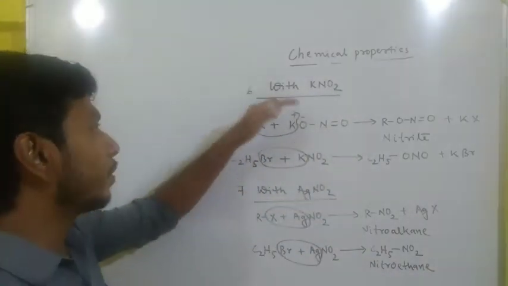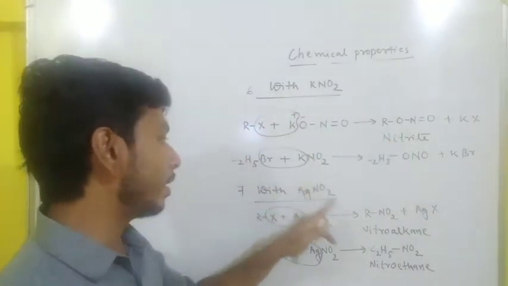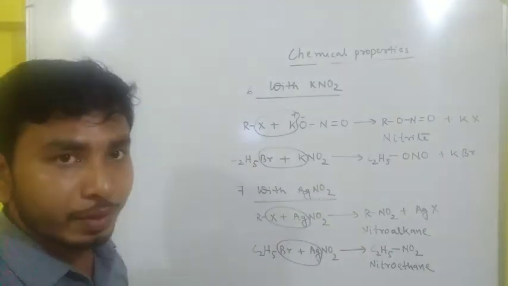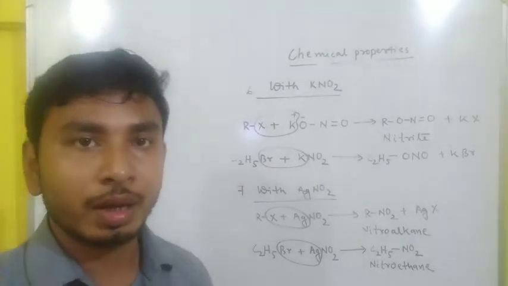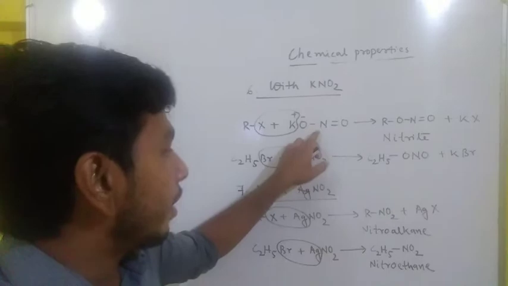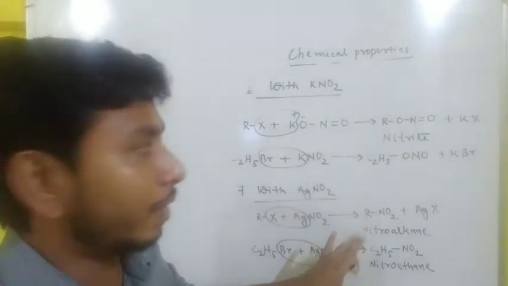So again the question is why with KNO2 it gives the nitrite, and with AgNO2 it gives the nitro compound, nitroalkane. The explanation is based on the covalent and ionic nature. KNO2 is an ionic compound, AgNO2 is a covalent compound.